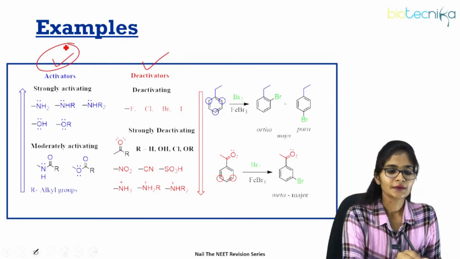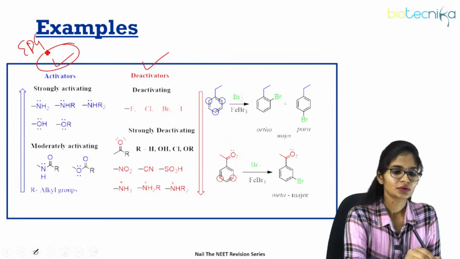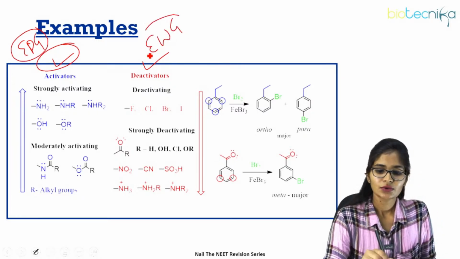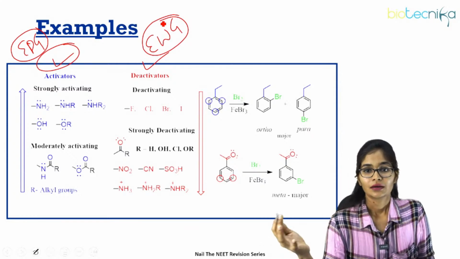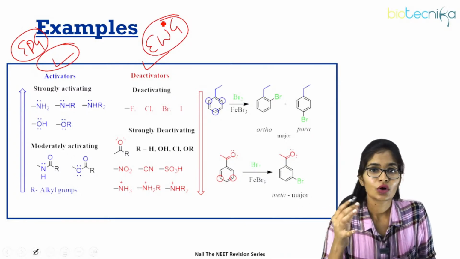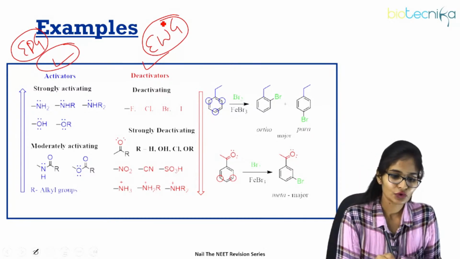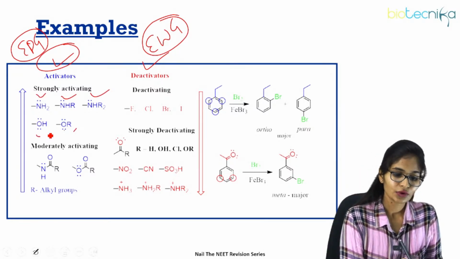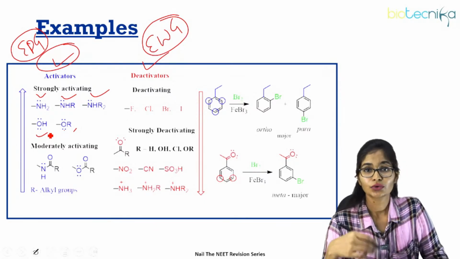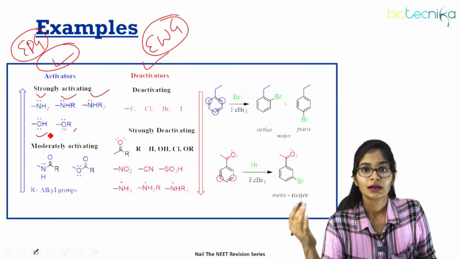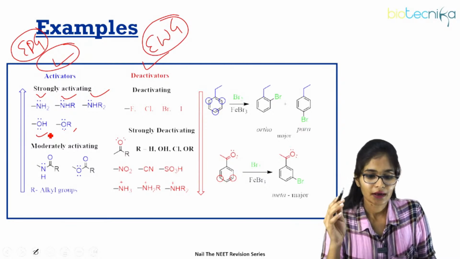So activators are EDGs, and deactivators are EWGs, which guide to the meta position, and EDGs guide to the ortho and para positions. You have so many examples here: NH2, NHR, NHR2, OR, OH. These are all electron donating groups which are guiding the upcoming electrophile to ortho and para positions.